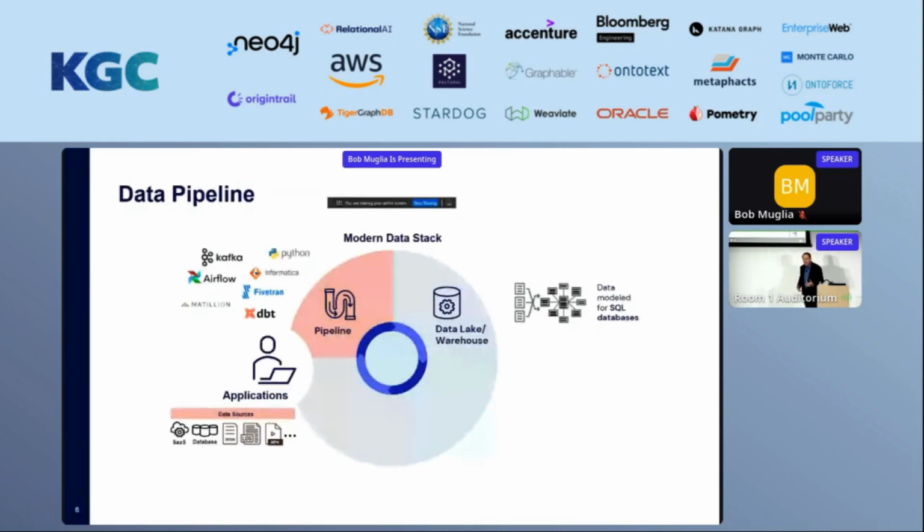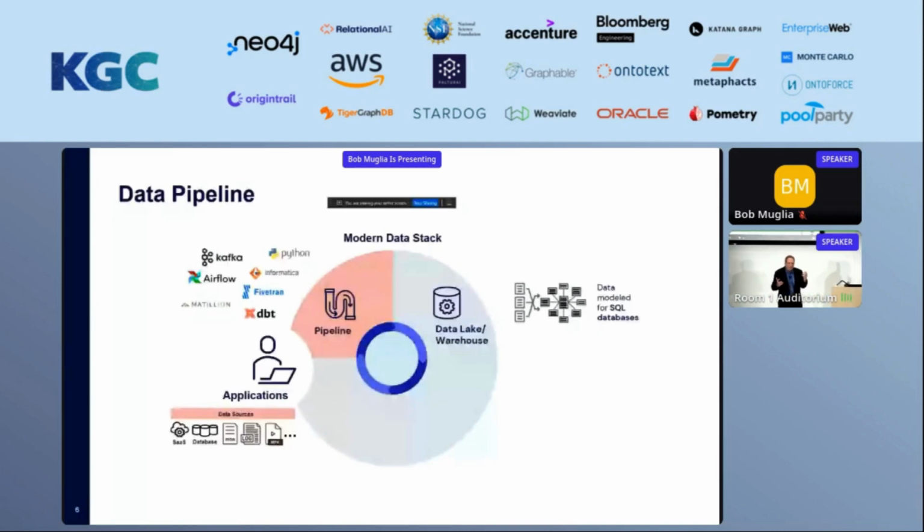Now, the first stage of the modern data stack is the data pipeline. And data is created inside applications in many, many different forms. Certainly, we have SaaS applications creating data. We have in-house bespoke applications where the data originates in databases. Applications are throwing off huge amounts of semi-structured data and log data.